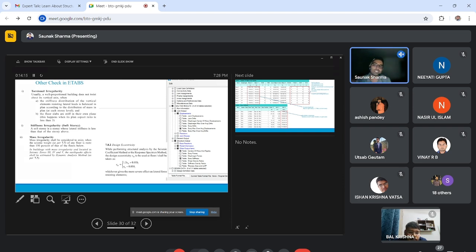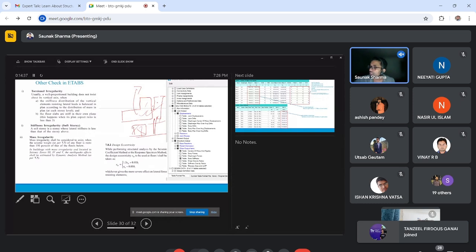They do not need analysis. Just by drawing we can see, like re-entrant corner. It is given like 15% of whole dimension, it should not exceed this 15% or something like that. Whether there is a large opening or not, whether there is a floating column or not. There are a lot of things that can be considered by seeing the drawing.